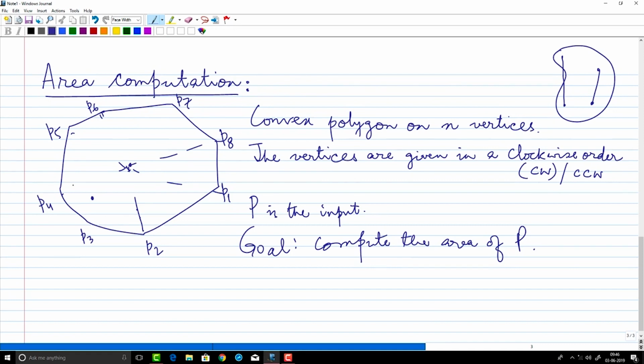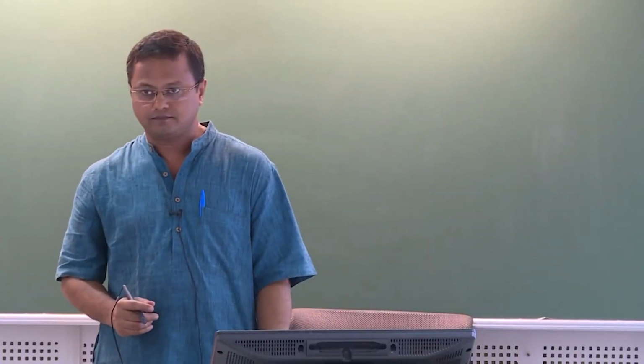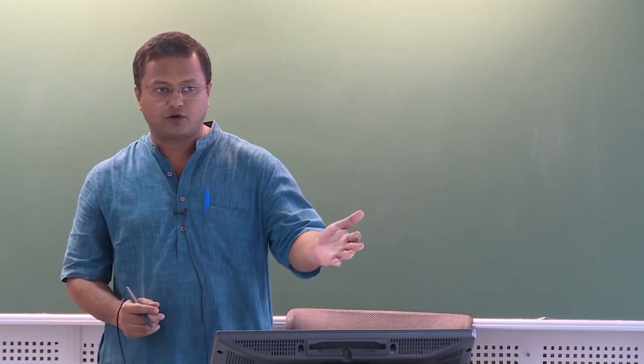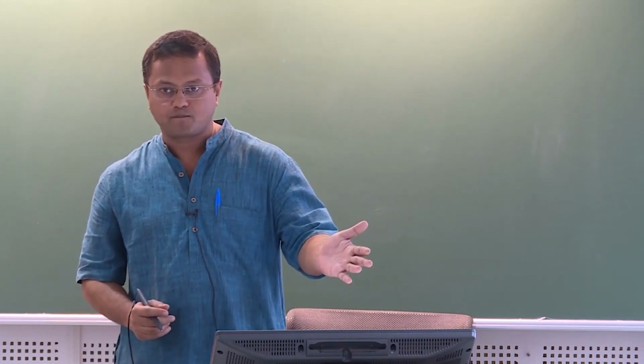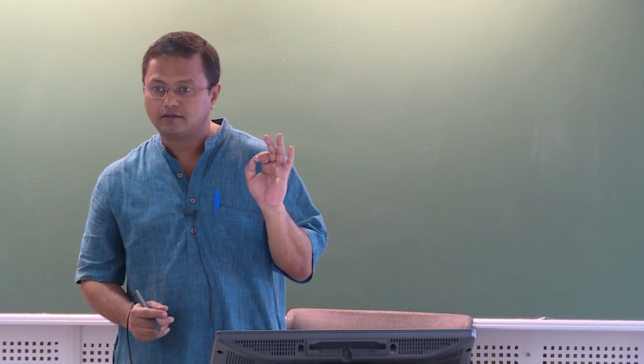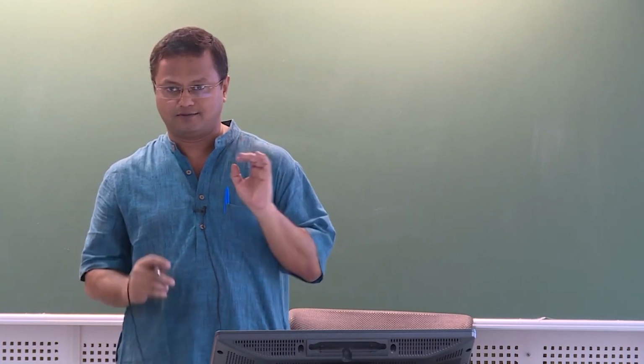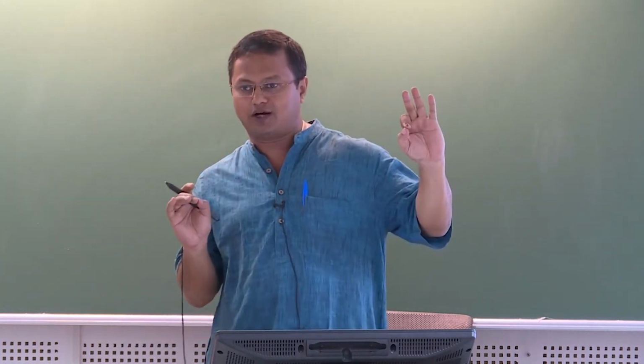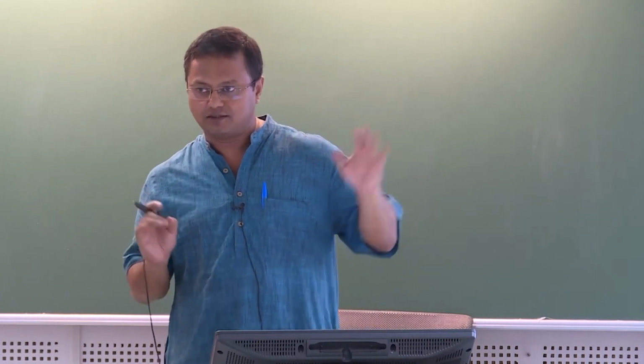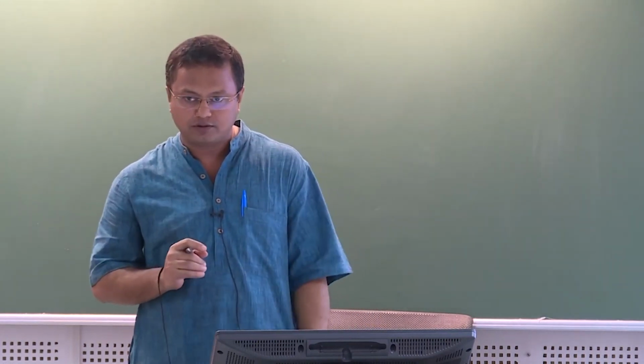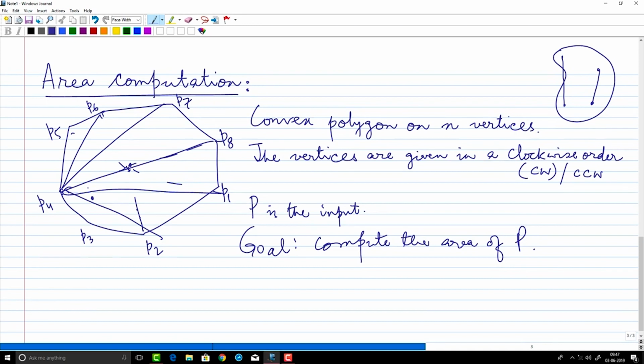Instead of starting from a point inside, what I do is I draw these things, right. So, how many triangles do I draw here? N minus 2. There is no diagonal going to 2 of its neighbors, right. So, you can draw n minus 2 such triangles, fine.